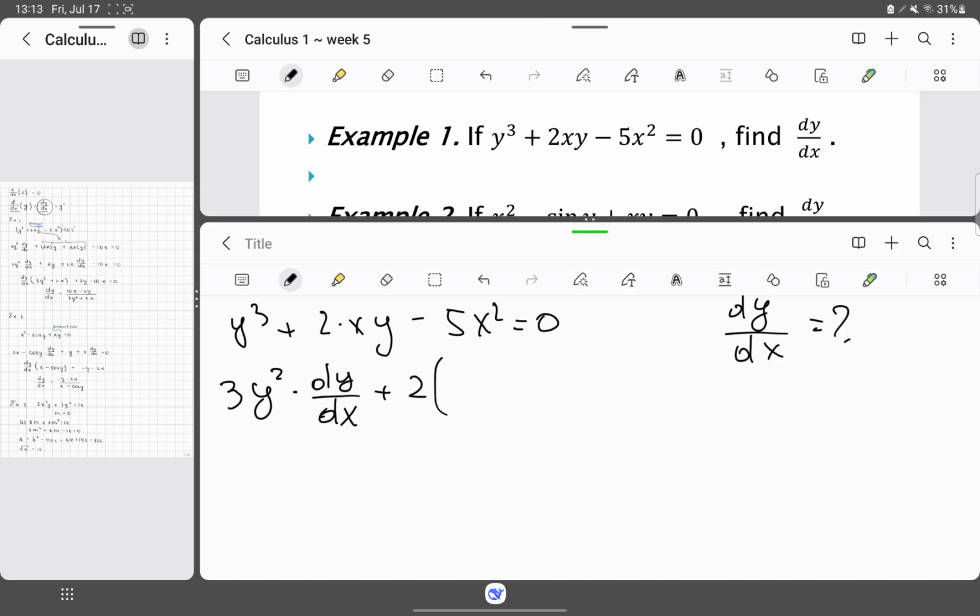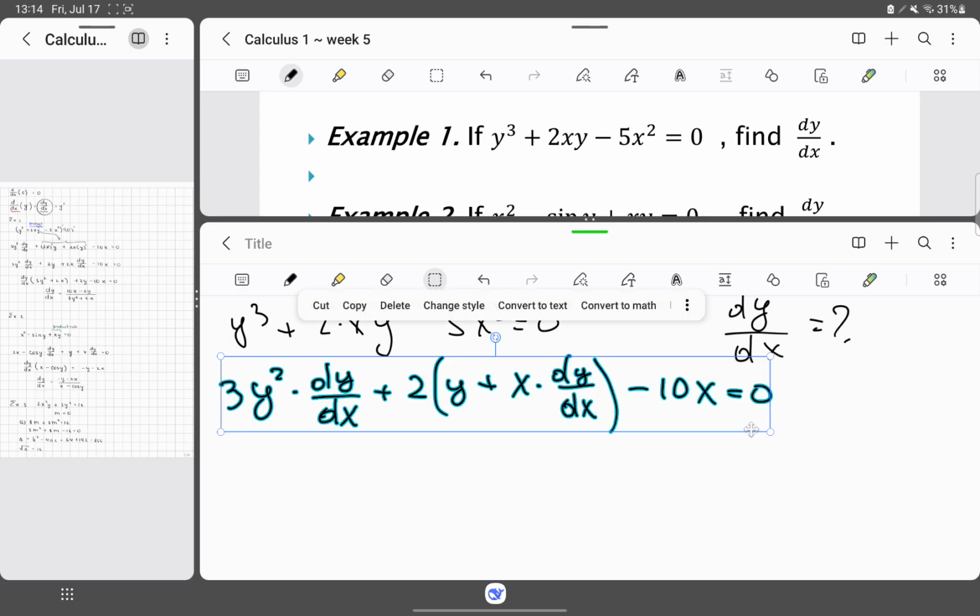The derivative of x will be 2y, plus x times dy over dx, minus 10x, equals 0. I hope it's right, but if it's not, it's not a big deal.